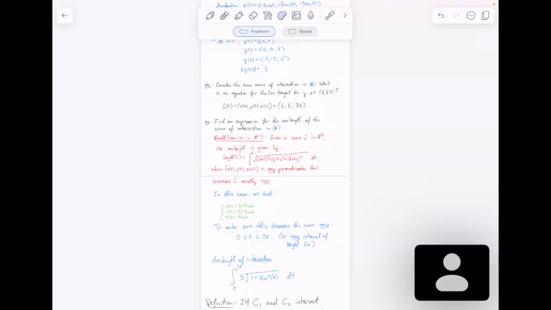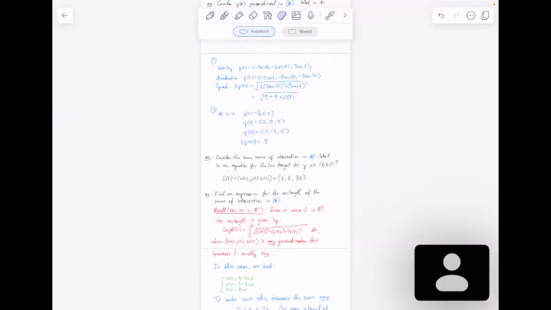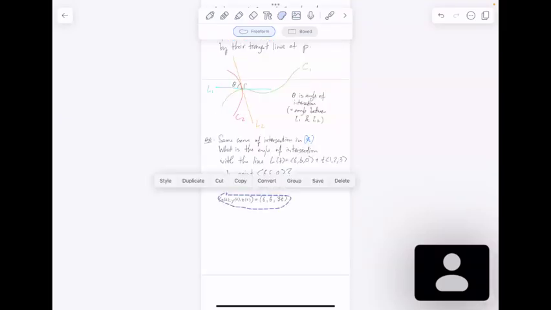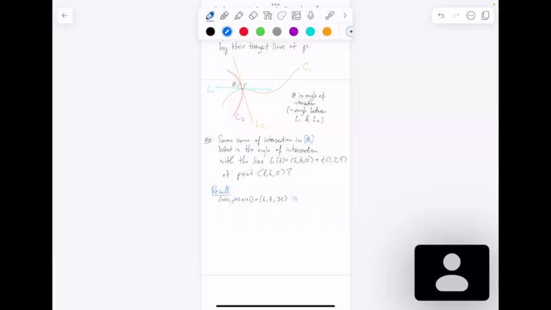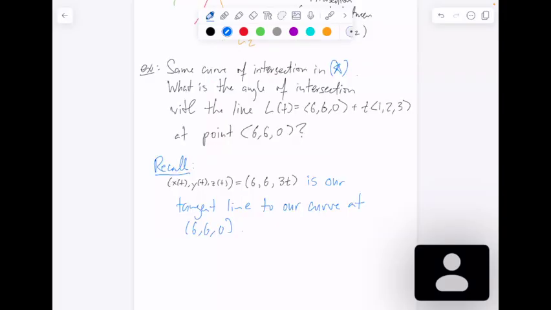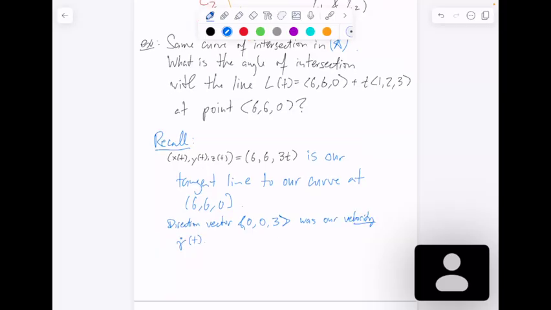We have our tangent line was this. So let's say, recall, this is our tangent line to our curve at (6,6,0). So what might I do? Well, the direction vector of this tangent line was our velocity at (6,6,0), right? The direction vector, (0,0,3), was our velocity of our curve at (6,6,0).